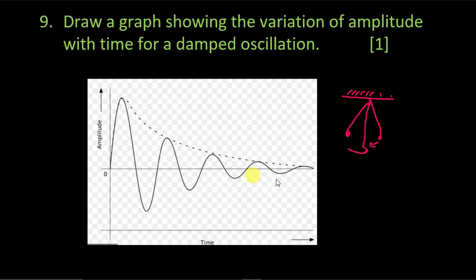So now if we draw time along the x-axis and amplitude along the y-axis, the curve is like this. So this is the variation of amplitude with time for a damped oscillation.